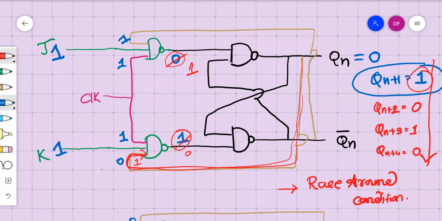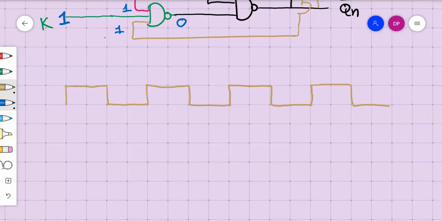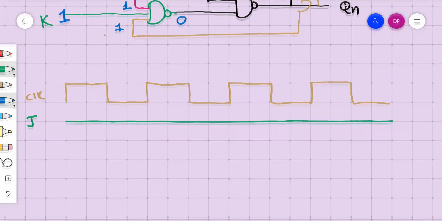It means what? Let me draw it. If you have a clock like this, now this is the clock. I'm taking this as J, and J is 1.